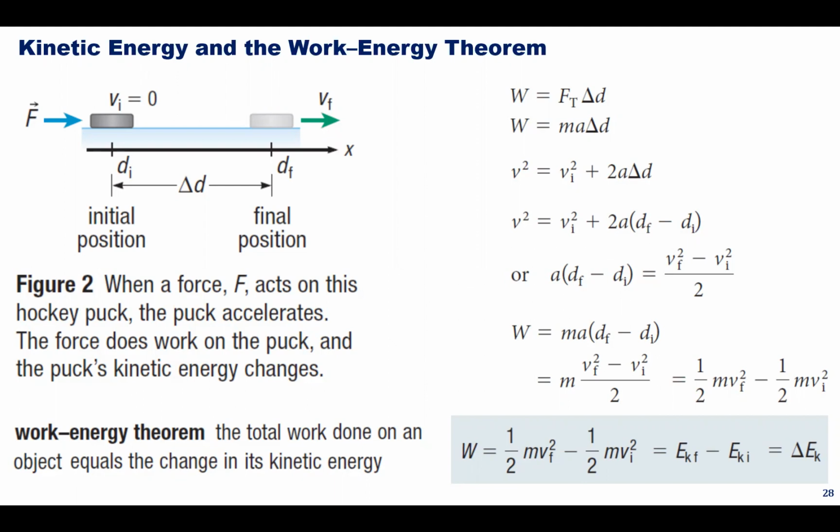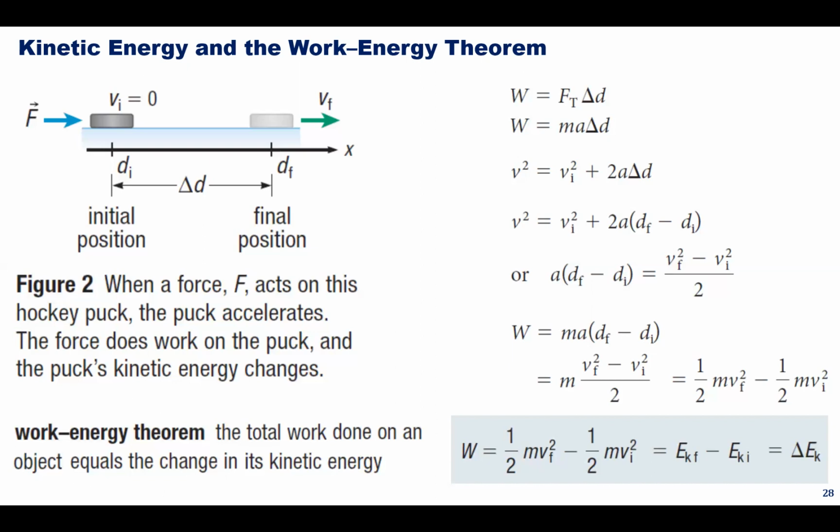We have seen that for the simplest case of one-dimensional motion, with the force directed parallel to the displacement, the work done by a force on an object is equal to the magnitude of the force multiplied by the object's displacement. That is W equals F delta d, right?